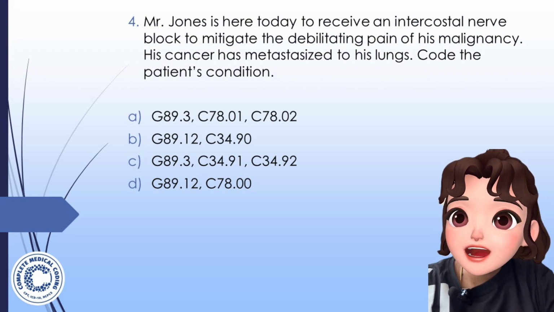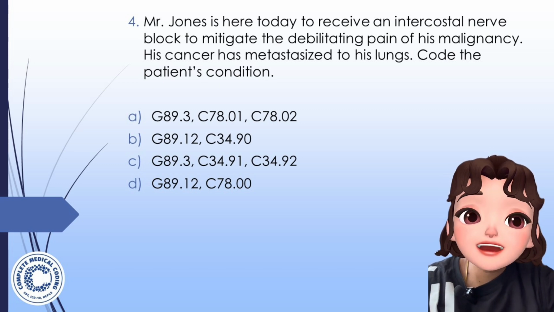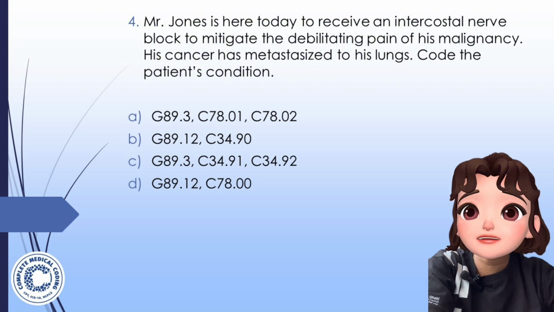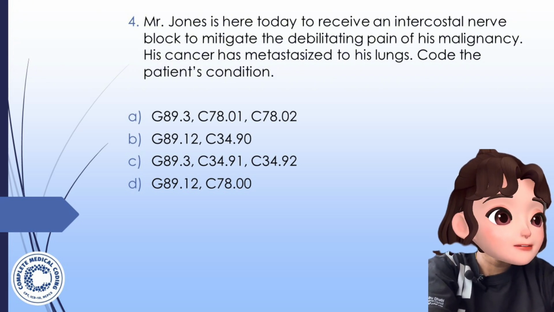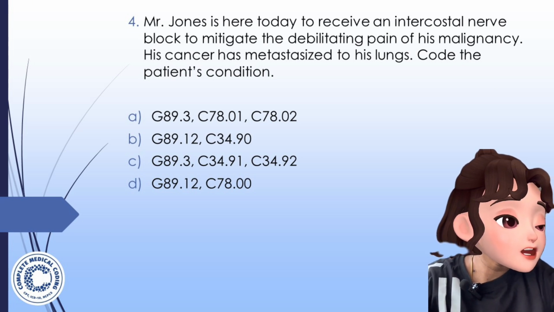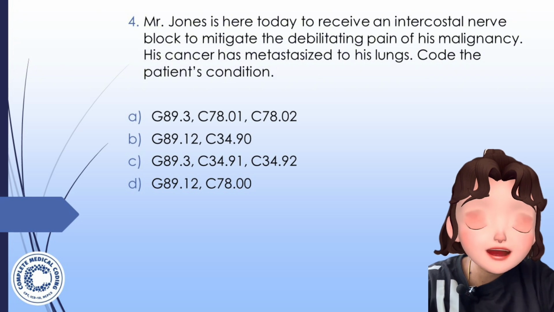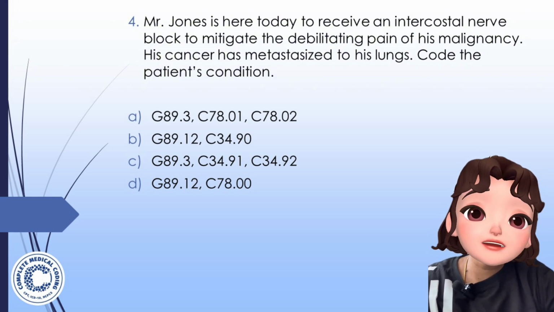What is in option A? The other two codes, C78.01 and C78.02. What is C78.01? C78.01 represents secondary malignant neoplasm of right lung, and C78.02 represents secondary malignant neoplasm of left lung.